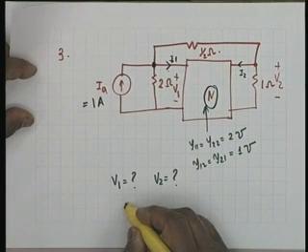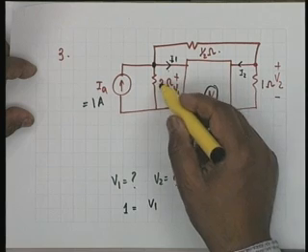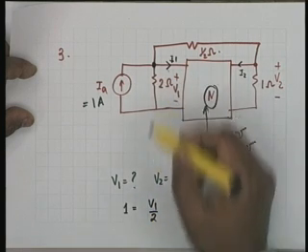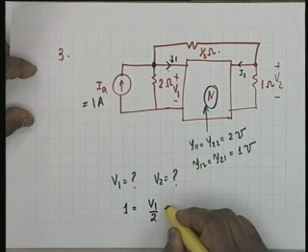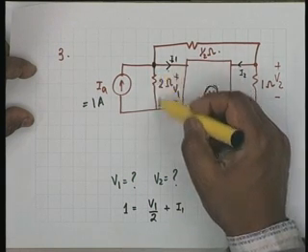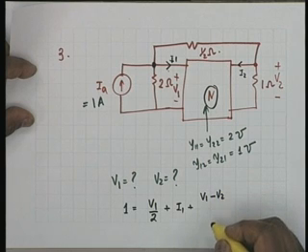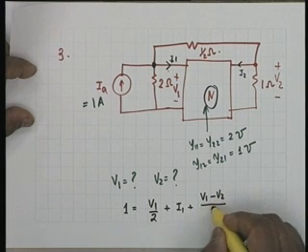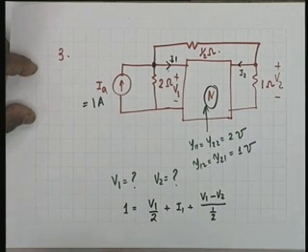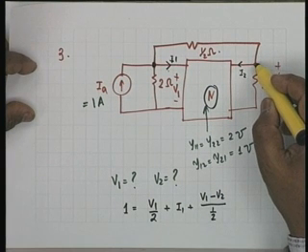The KCL would be: 1 ampere equals V1 by 2 plus I1 plus (V1 minus V2) divided by half. This is one of the equations, and the other equation is at this node.